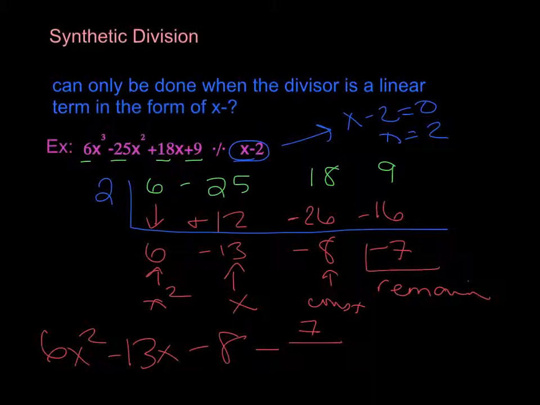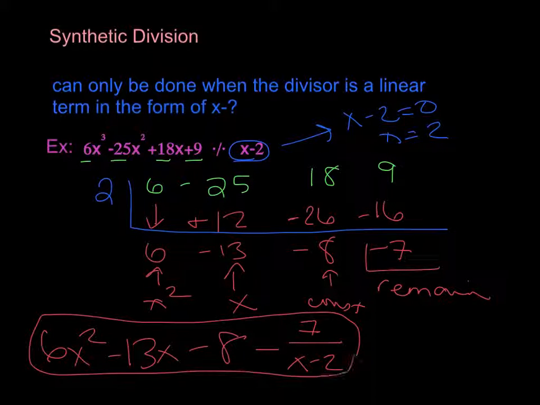And you put it over the original one, the x minus 2, not the 2. So it's over x minus 2. And that is how you do synthetic division with things that are the form of x minus 2.